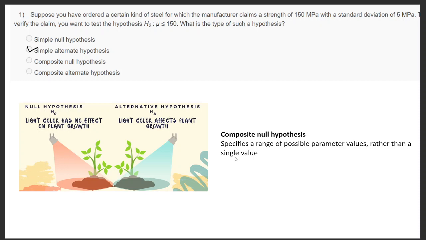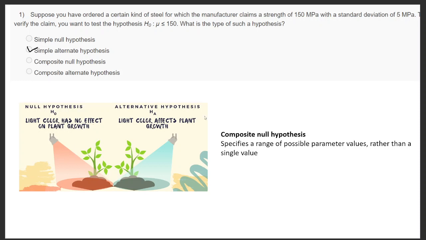Composite null hypothesis is extensive because it specifies a range of possible parameter values which can actually determine the hypothesis. For example, here they have just told the light color, they didn't specify any value.